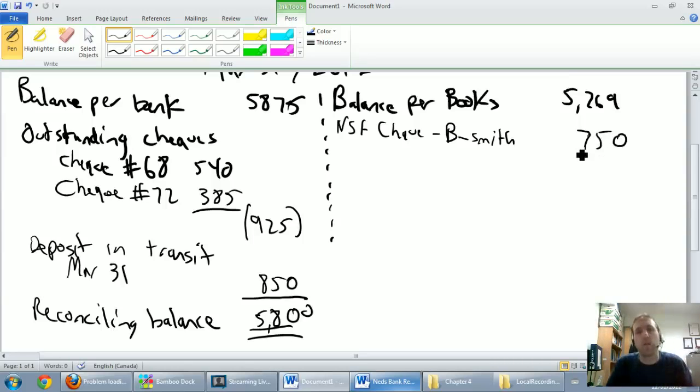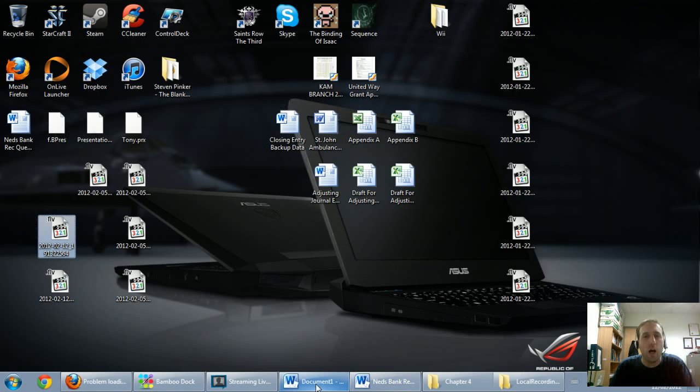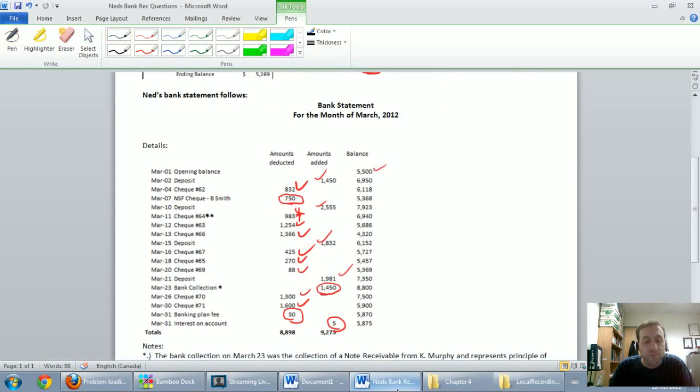Now, I've got to ask myself with every one of these, when I find out about the NSF check, or whatever item I'm looking at, is that good for my money or bad for my money? And the answer is, if somebody gives me a check, and remember NSF stands for non-sufficient funds, basically this B. Smith guy gave us a $750 check, he didn't have the money to cover it, the check bounced, this is bad for my money. So I'm going to put it in brackets because it hurts my cash balance. My cash is going down as a result of this guy bouncing a check my way. Oops, I always go the wrong way there.